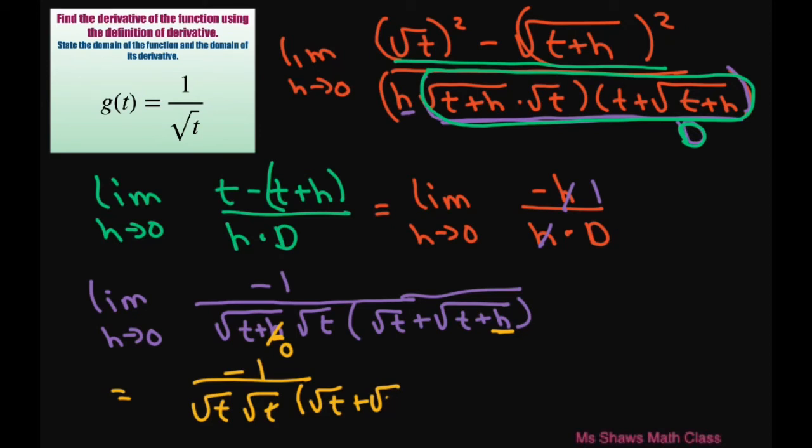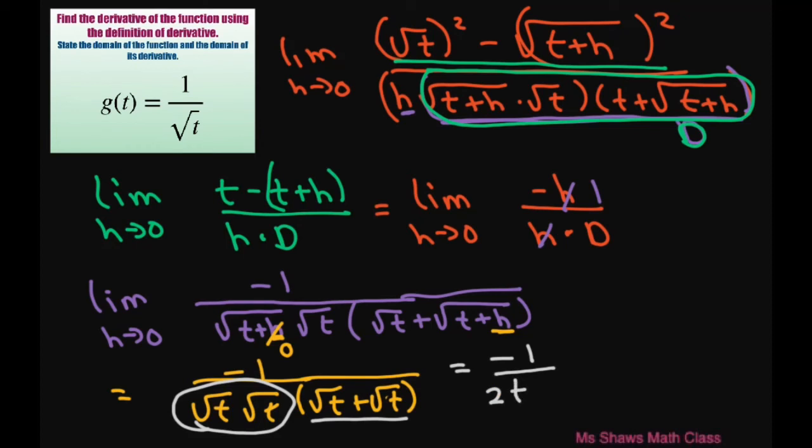Let's do that. All right. Now, simplifying this is just going to be t. This is going to be 2 square root of t. So you have this equals negative 1 over 2t square root of t.